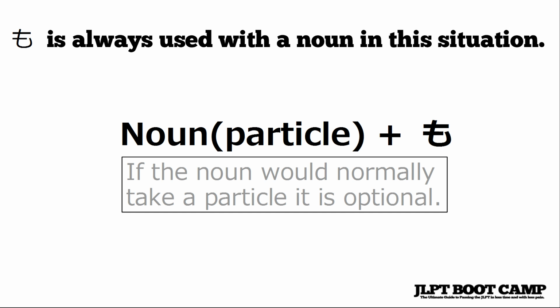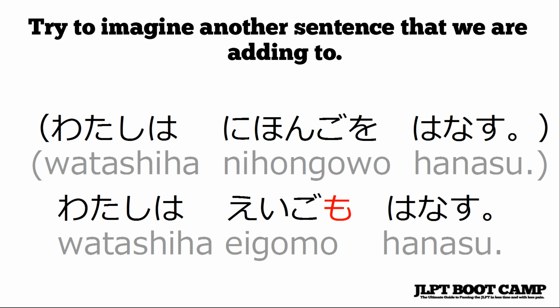So, for example, if you look at these two sentences here, we can say the second sentence just by itself. Watashi wa eigo mo hanasu. It means I also speak English. Because I'm speaking Japanese, we can understand that the first sentence is I speak Japanese and I also speak English.